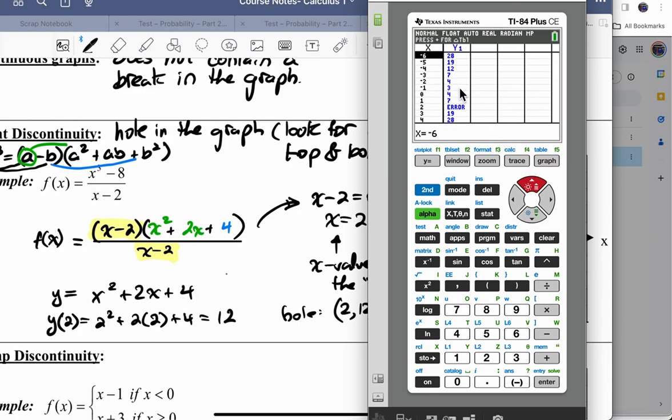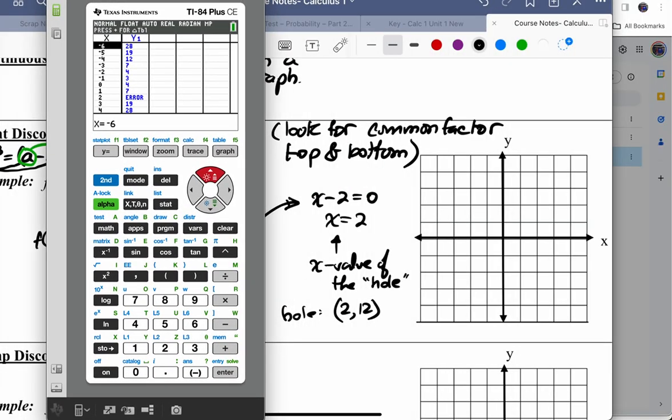Not always going to be the case, but if you could find it, that's good, and we have that here. So my vertex is at -1, 3. Let me just bring this over here. So -1, 3. Oh, but I have to go up as high as 12, so I'm going to go by 3s. In terms of the width, I'm fine. -3, 7.